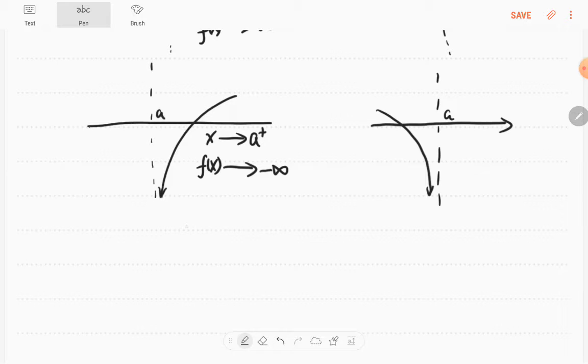So when x is very close to A from the right side, this function will go down to negative infinity. When x approaches A plus, f of x will approach negative infinity again. Okay, so this is the vertical asymptote.